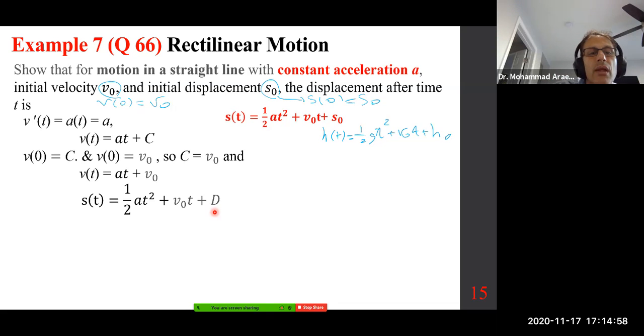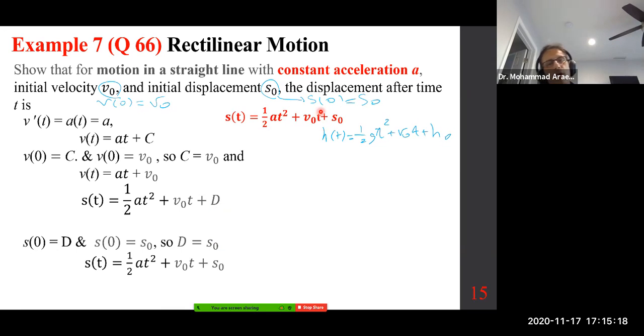You can use C sub 1 and C sub 2. What is S of 0? Plug in t equals 0, and you get D on the one hand. On the other hand is S sub 0. They must be the same. And so your formula now, replace the D with S sub 0, and that is the proof of the formula. You can do exactly the same thing due to gravitational force.